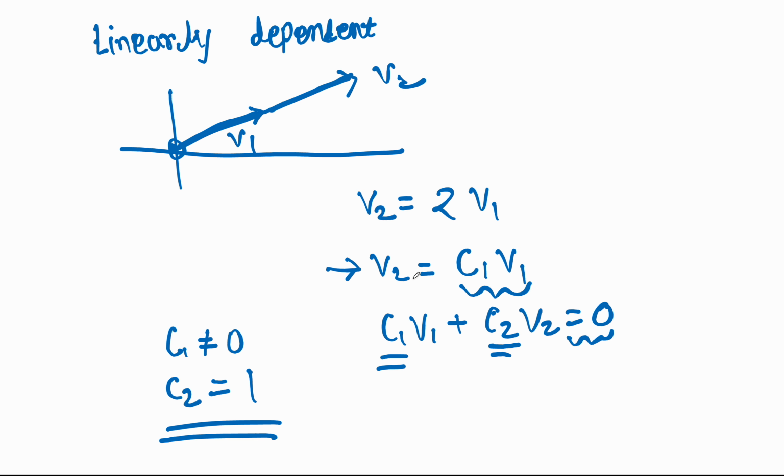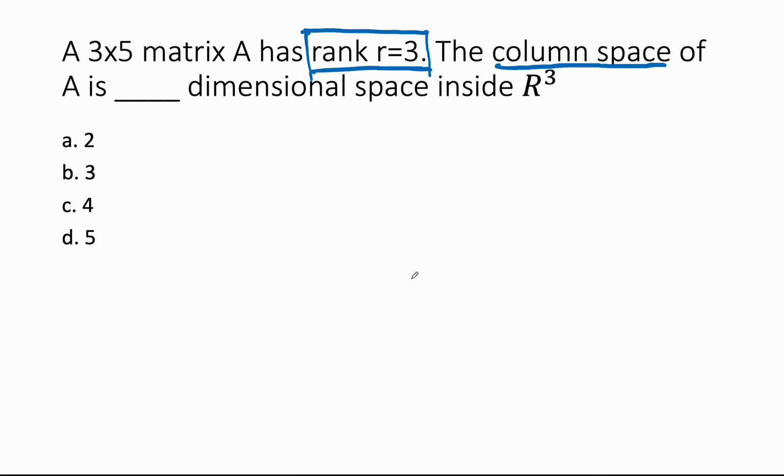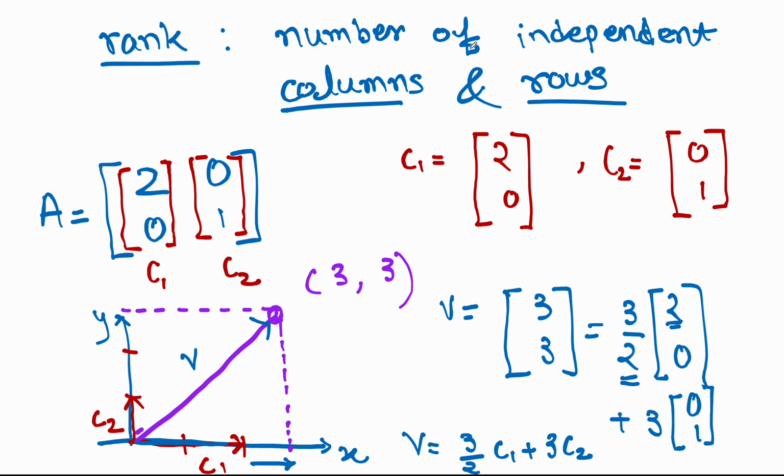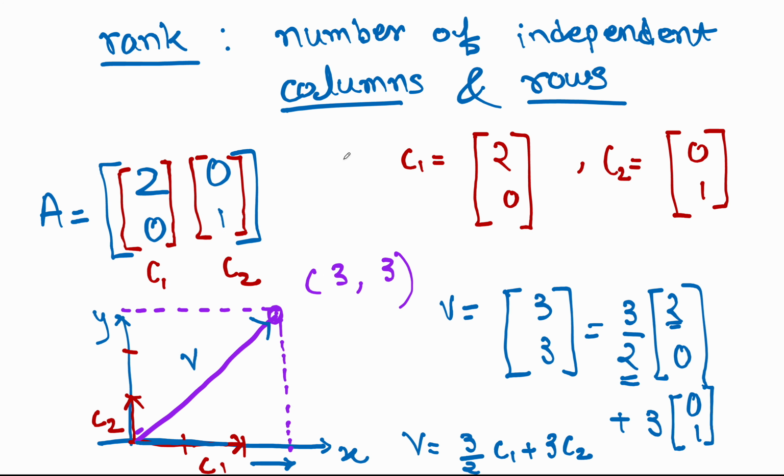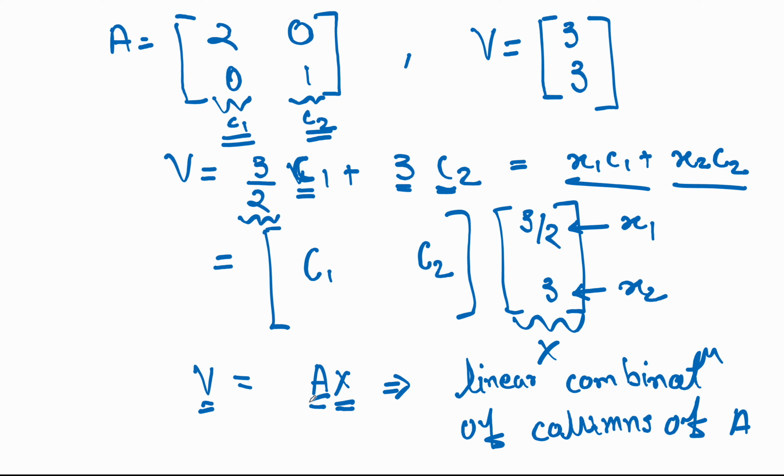Okay, so the question that we are dealing with here, we understood what is the rank. The rank gives the number of independent columns and rows, and we saw what is the meaning of independent, and we also saw the column space. So column space is the linear combination of the columns, and that we can take using this product.